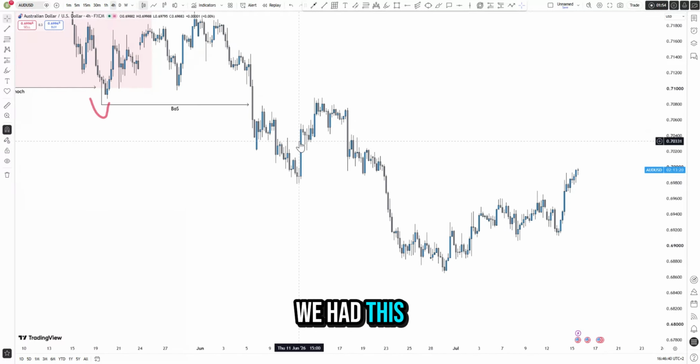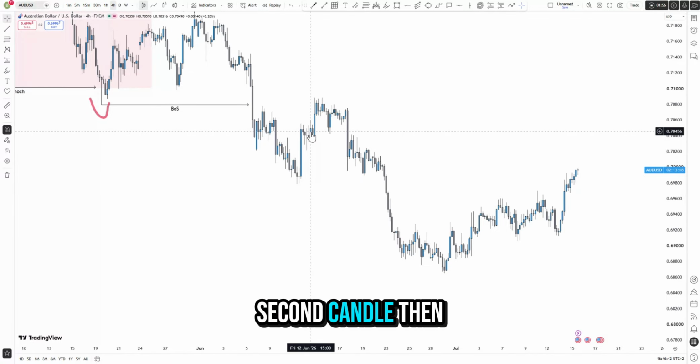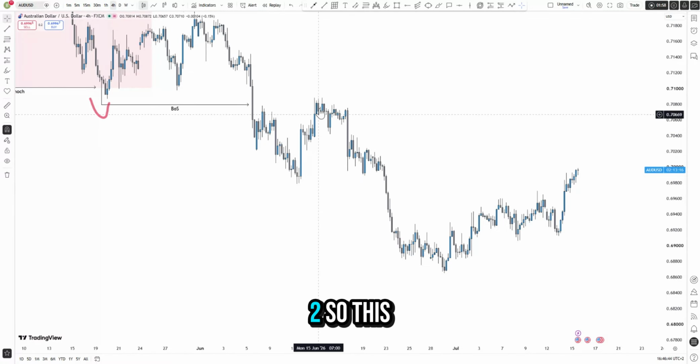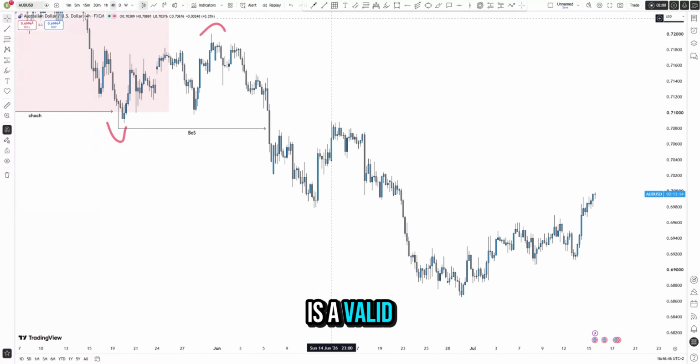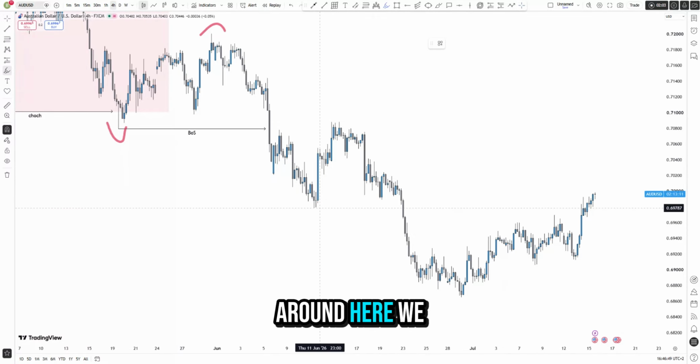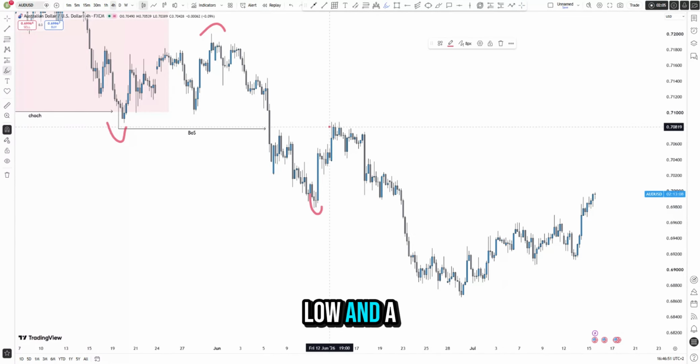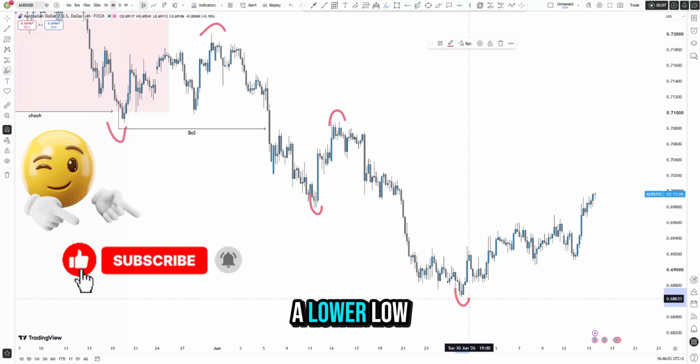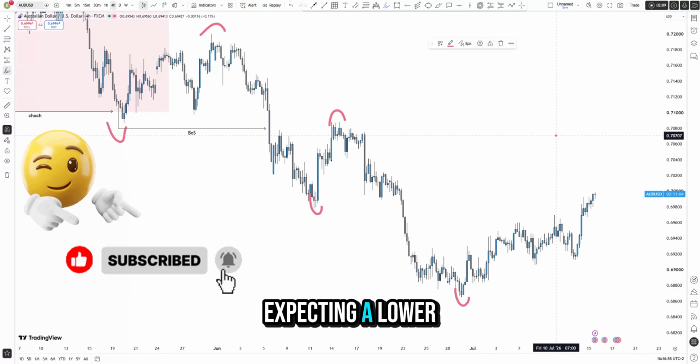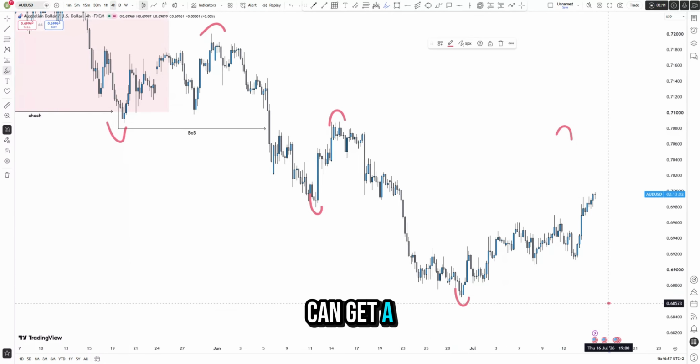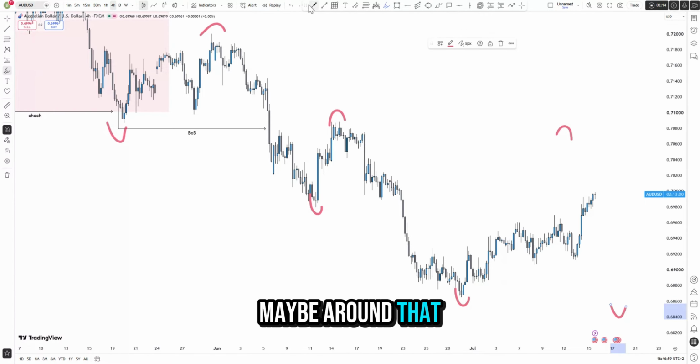Around here we had this candle, second candle, then 1, 2. So this is a valid low around here. Around here we have a valid low and a valid high. Then we had a lower low, so we are expecting a lower high so that we can get a new lower low maybe around that point.